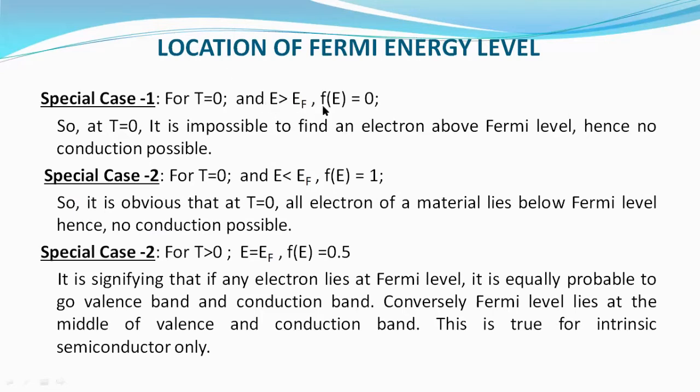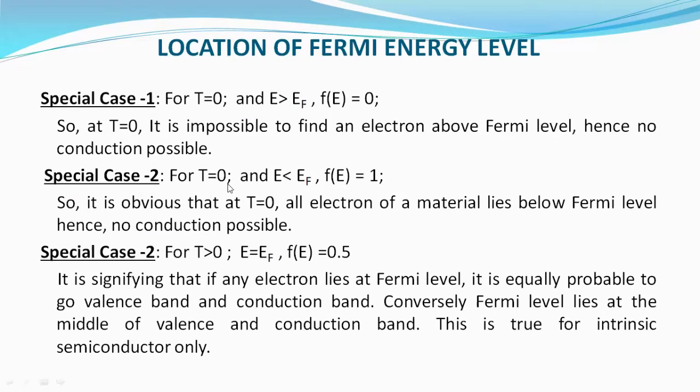Under this consideration, the probability of finding any electron there is 0. So when absolute temperature is 0, it is impossible to find an electron above the Fermi level, hence no conduction is possible. Okay, why is no conduction possible? We'll illustrate that. Before that, let's consider case number 2 here.